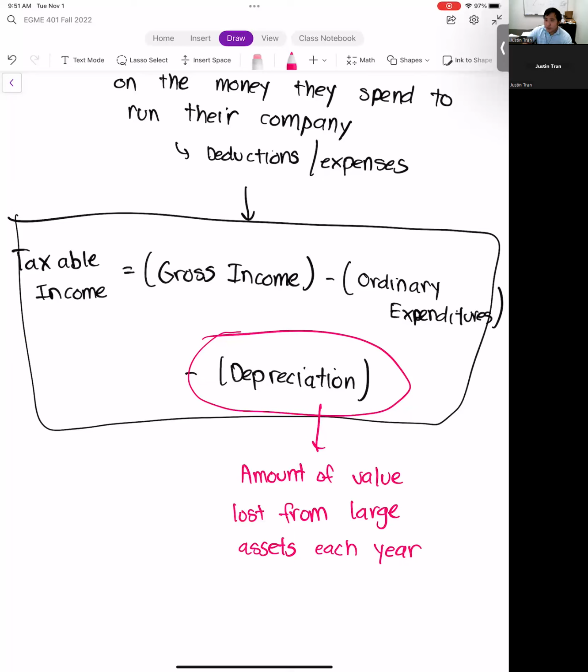When you purchase a large asset, let's say a car or a truck, the truck is still owned by the company after one year, and it still retains value. You can keep using that truck year after year, and you can sell it at any time and recoup some of those charges. So that's why we keep depreciation different, because it follows different rules and retains more value.